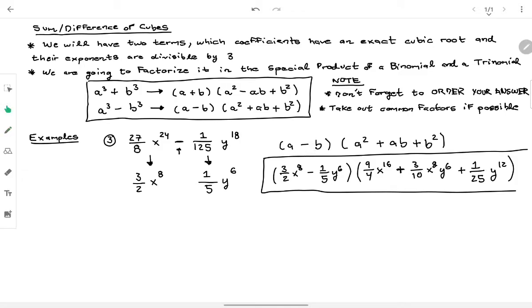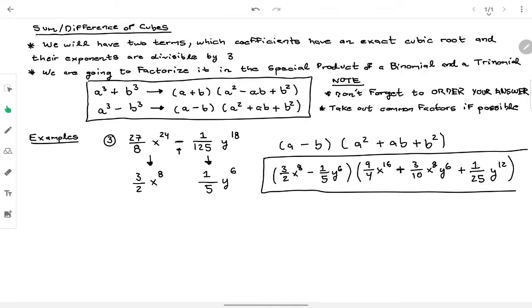Remember, if the problem it's a sum of cubes, then it's going to be positive on the binomial, but in the trinomial it's going to be alternated: positive, negative, and positive. If we got a negative or a difference of cubes, it's going to be negative on the binomial, but all the terms in the trinomial must be positive.